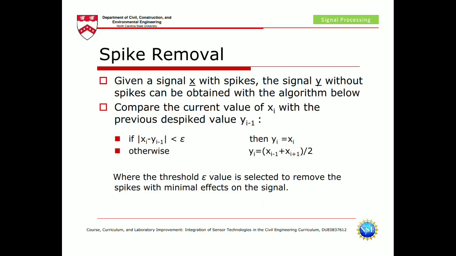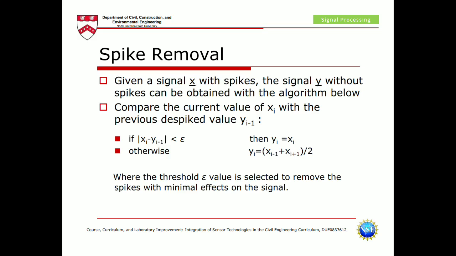Given a signal X with spikes, the signal Y without the spikes can be obtained with an algorithm. What is the algorithm? Compare the current signal x_i with the previous despiked signal y_(i minus 1). Means if we already removed the spikes from one signal, then we compare the current signal with the previous signal.